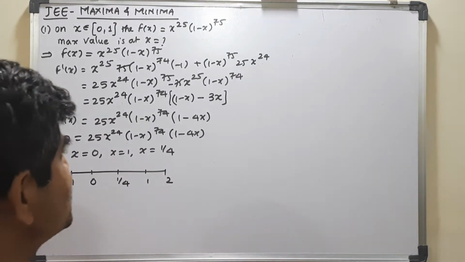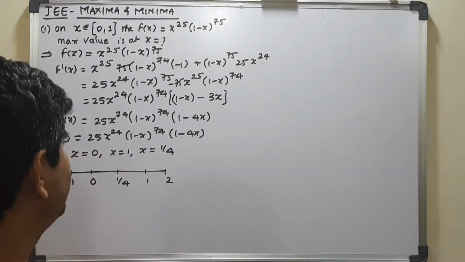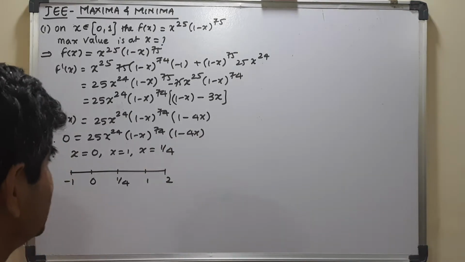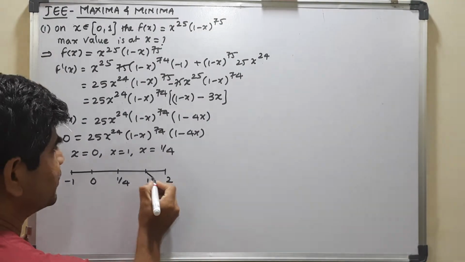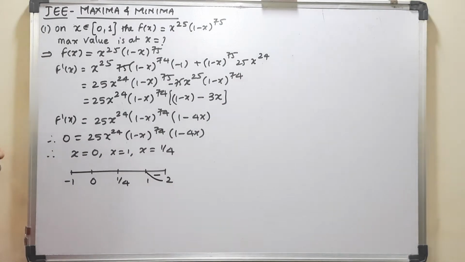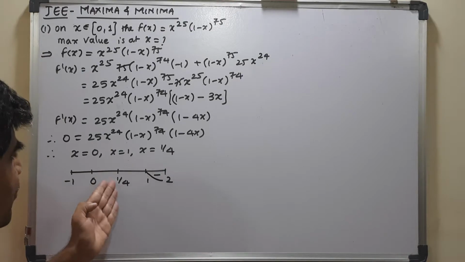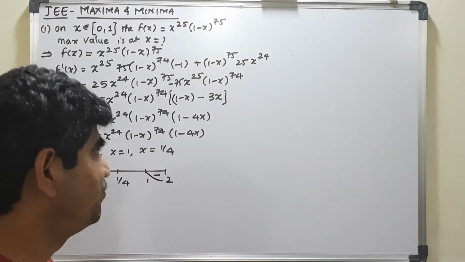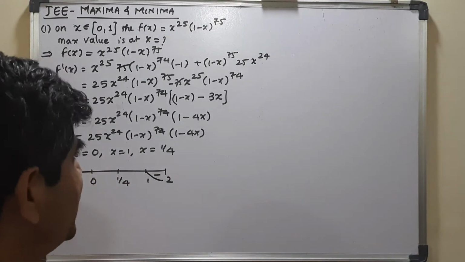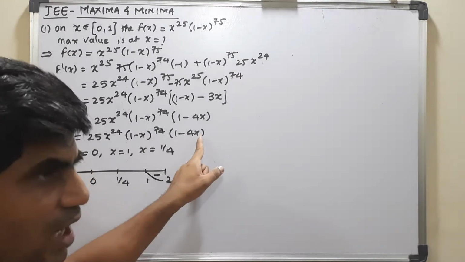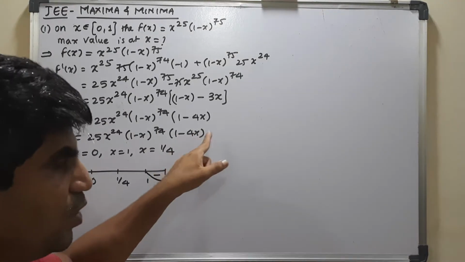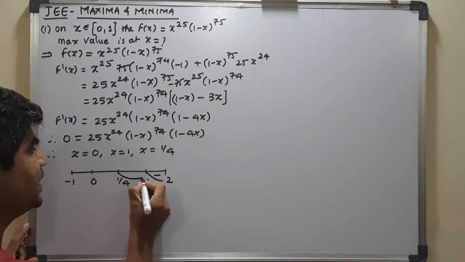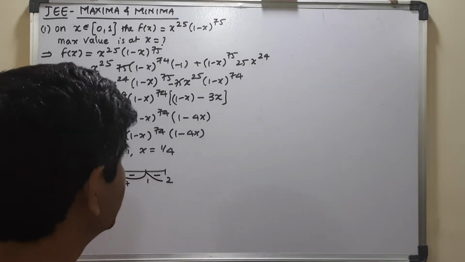After 1, say 1.5, 1 minus 4 into 1.5 is negative, so the function goes down. Before 1, between 1/4 and 1, take 1/2: 4 into 1 by 2 is 2, and 1 minus 2 is also negative, so it also goes down. So it is neither minimum nor maximum, it is a point of inflection over here.